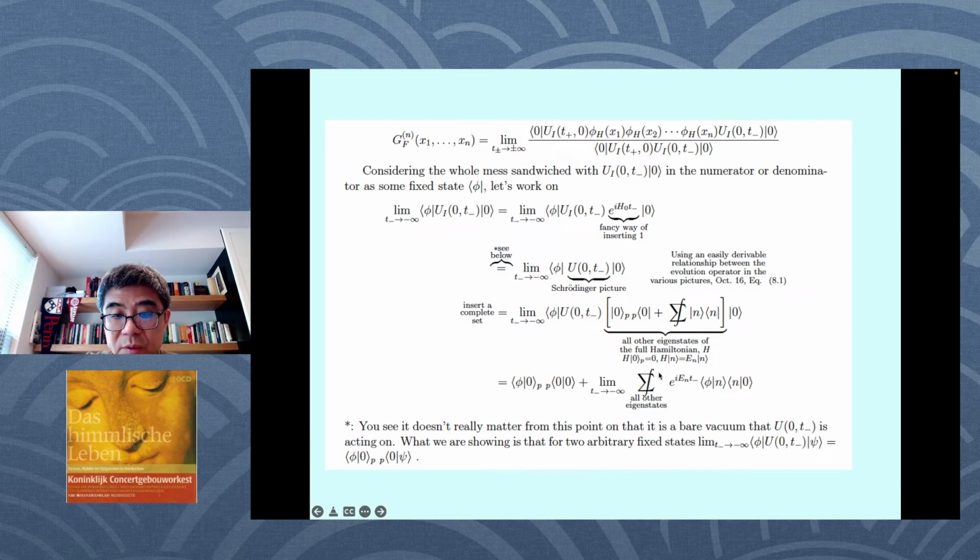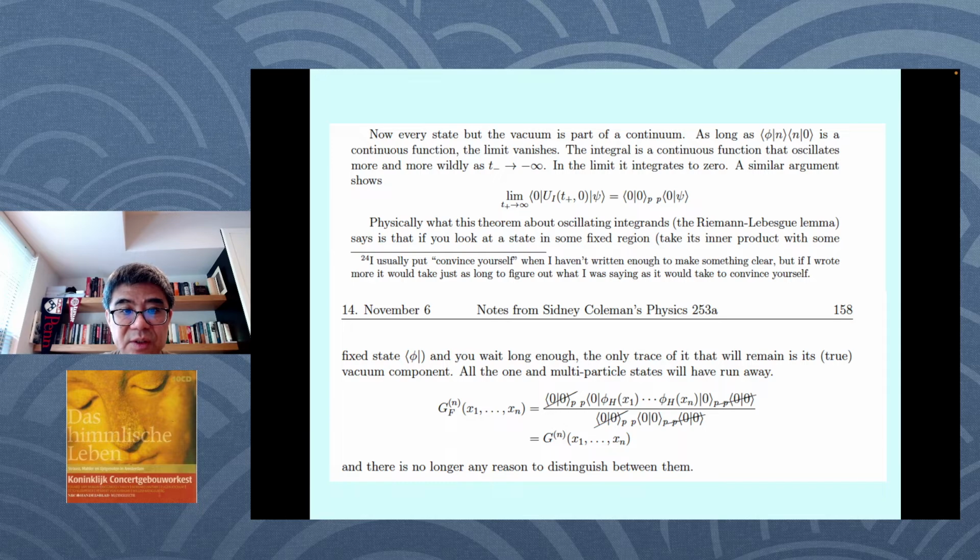So when you do the integration, it's not because T minus equals infinity, it's because when you do this integration, this will vibrate rapidly because T minus is a large negative number. And therefore, when you do this integration, the whole thing will cancel out. Okay, so therefore, the second term simply vanishes when T minus is sent to minus infinity. Okay, so I think there is a theorem about this. This is called the Riemann-Lebesgue lemma. Okay, I'm not familiar with the mathematics, but we usually use it in physics.